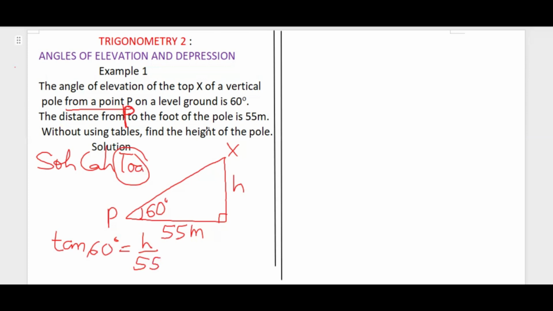Now, since they say we must not use tables or calculator, to find tan 60, every candidate should try and memorize this special triangle. We have 60 degrees here, we have 30 degrees here.